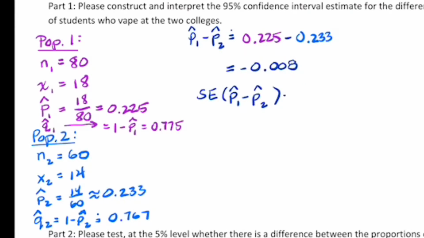That's going to equal, remember, the square root of P hat 1 Q hat 1 over N1 plus P hat 2 Q hat 2 over N2.